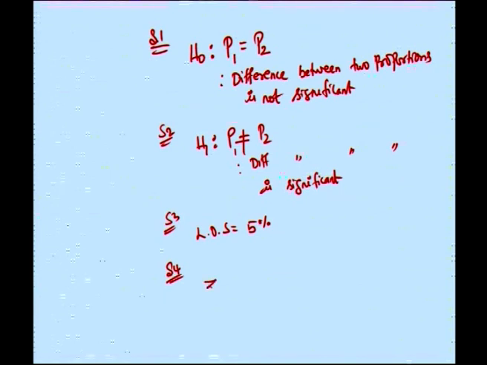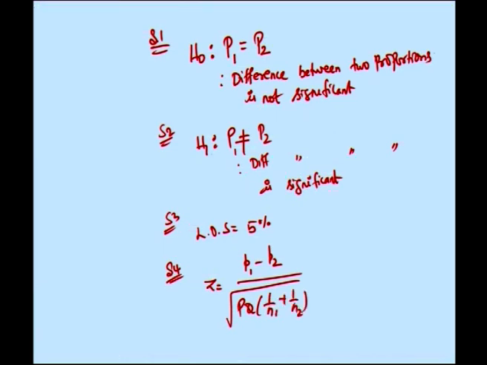Z is equal to P1 minus P2 divided by root of PQ into 1 by N1 plus 1 by N2. This is the formula we studied. Now, here the population proportion values capital P and capital Q are not given.